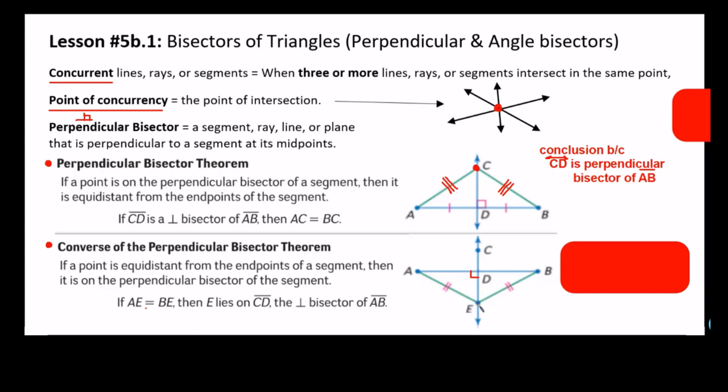That means if I was to draw a perpendicular line going through this point and perpendicular to the segment, this line would cut the segment right in the middle. So I could add these to the drawing. And basically, that's what the converse is all about. Because I know that these two are the same and I have a 90-degree angle, these two are the same.